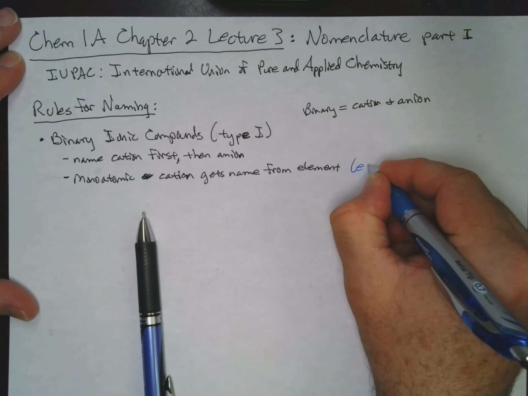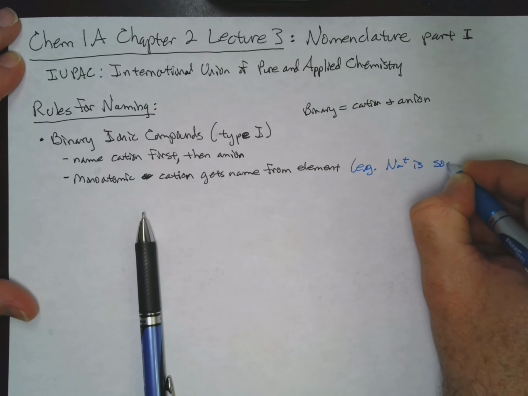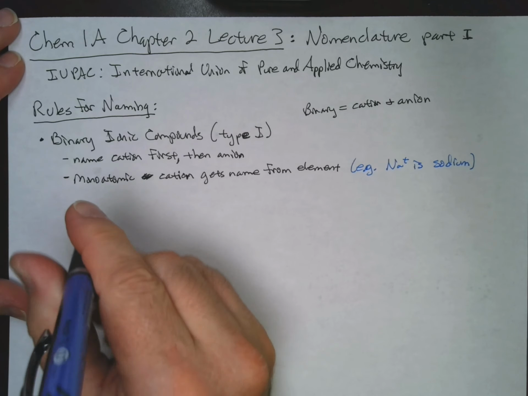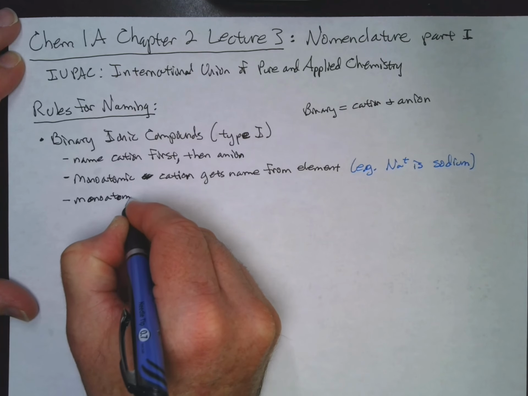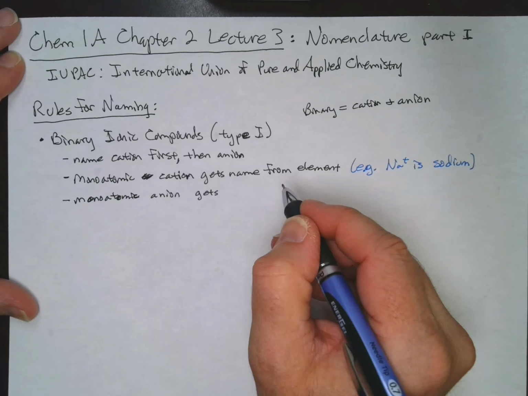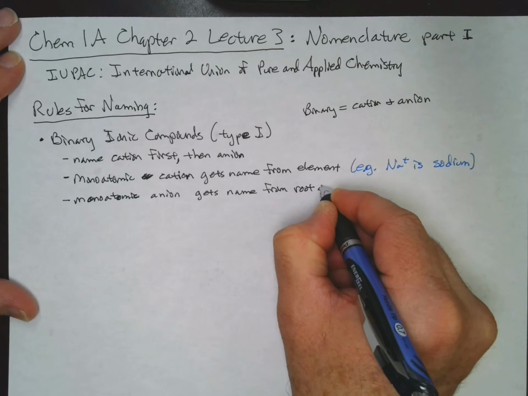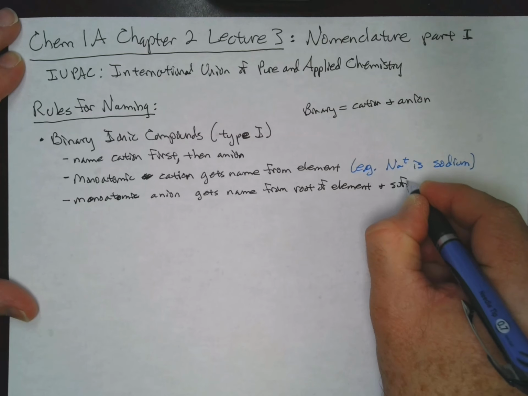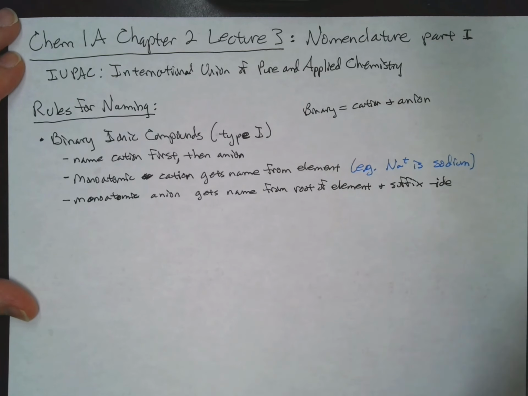So for example, Na plus is simply sodium, and then a monoatomic anion also gets its name from the element plus the suffix ide, I-D-E.